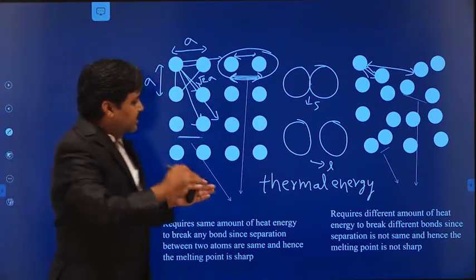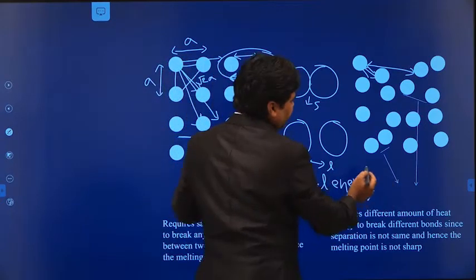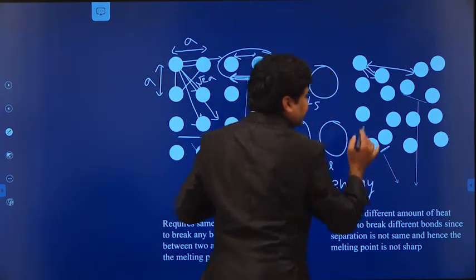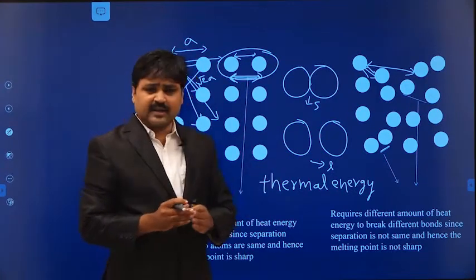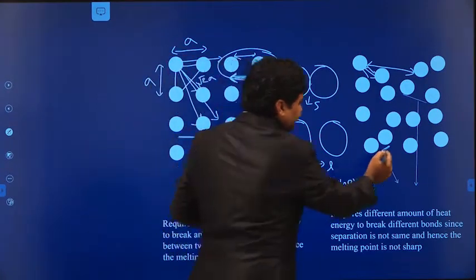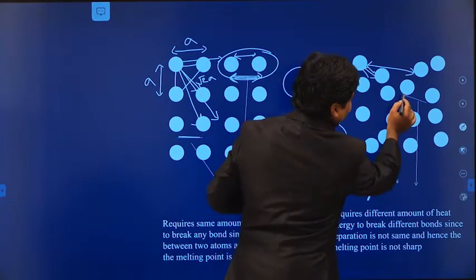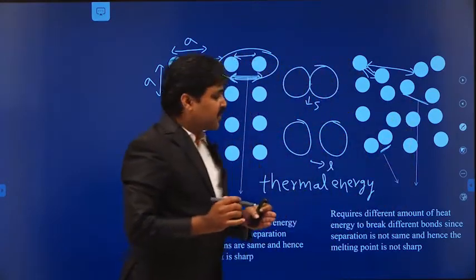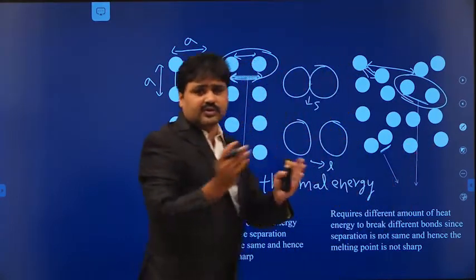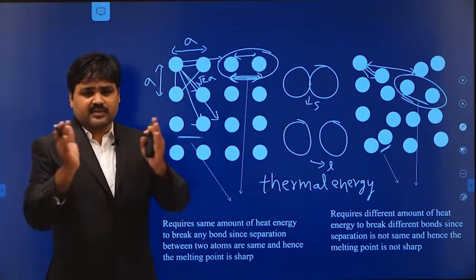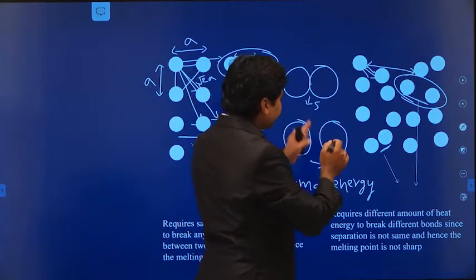But in case of amorphous solids, if you look at this one, these two atoms are close together because the amorphous solids do not have a regular and periodic arrangement. So the separation between these two atoms may be different from the separation between those two atoms. If the two atoms are far apart, it is easy to break them, to make the solid into liquid.